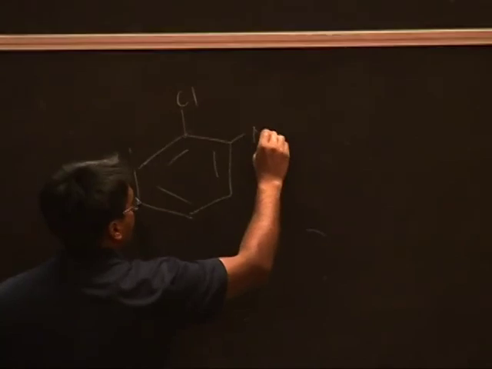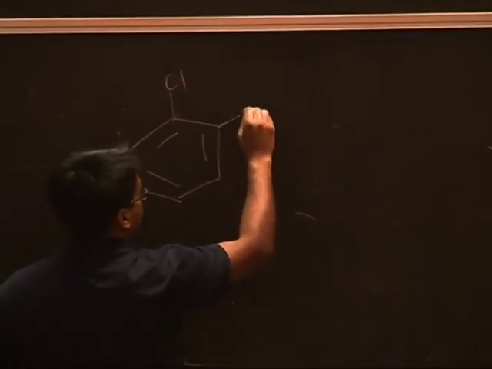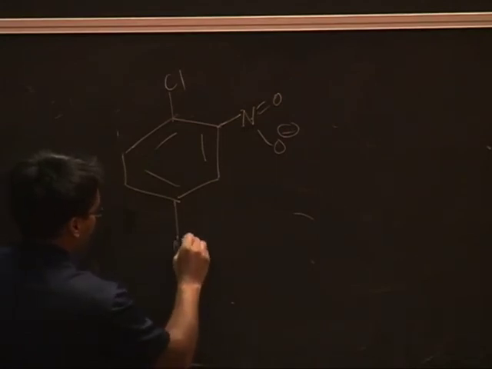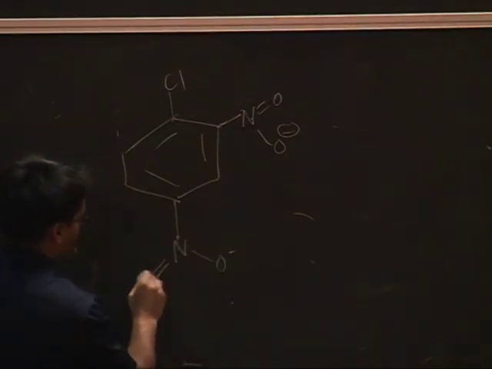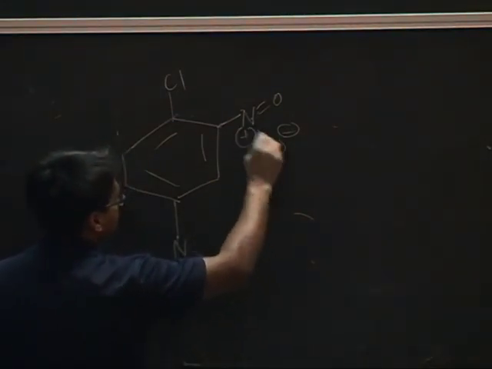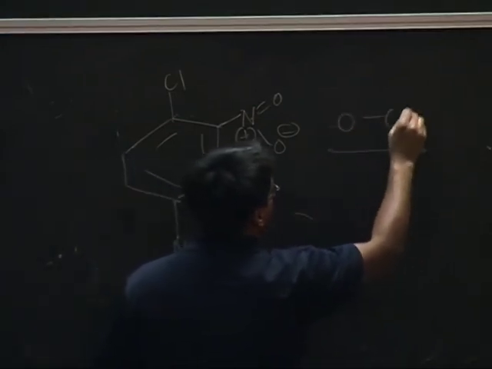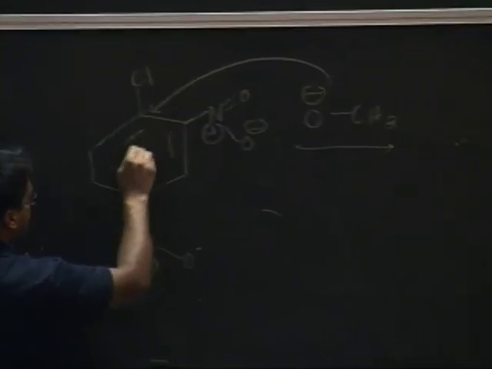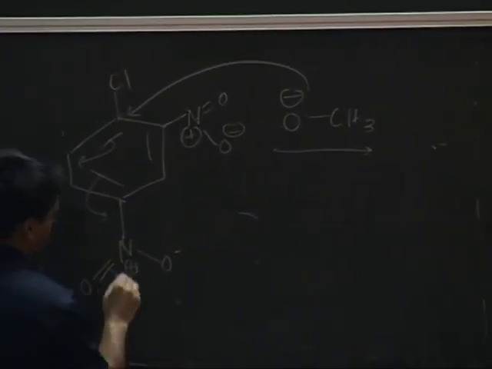Cl will not leave if it's just a Cl. You need to have electron withdrawing groups like that, which will be able to stabilize your negative charge from the incoming nucleophile. That, and that.